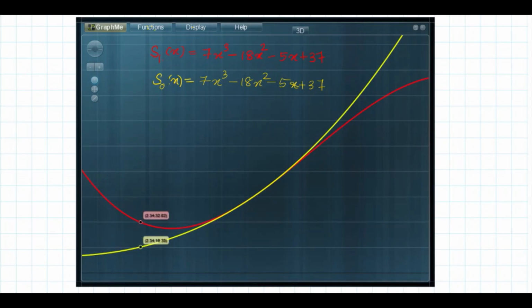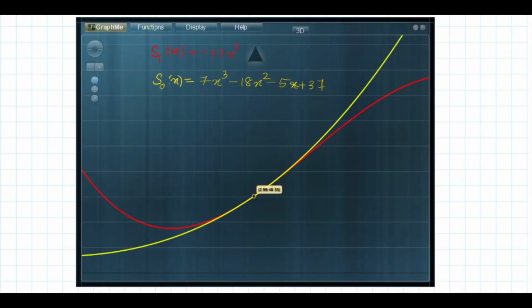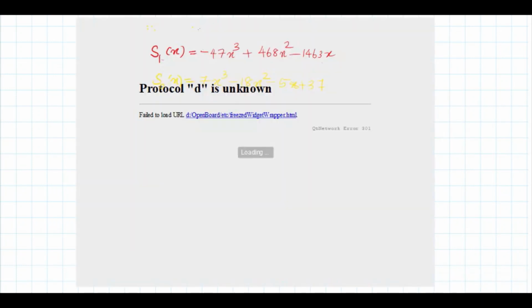So this yellow curve is S0 and this red curve is S1, and its equation is minus 47x cubed plus 468x squared minus 1463x plus 1495.